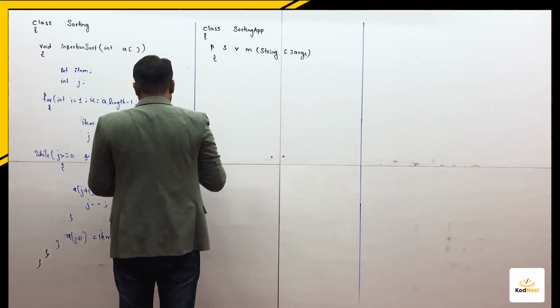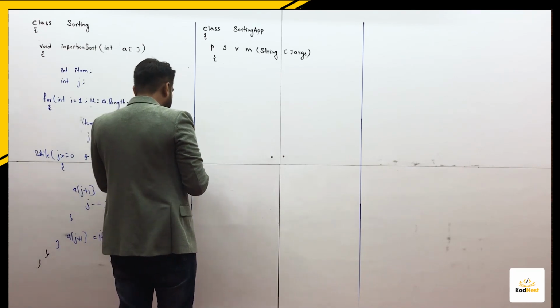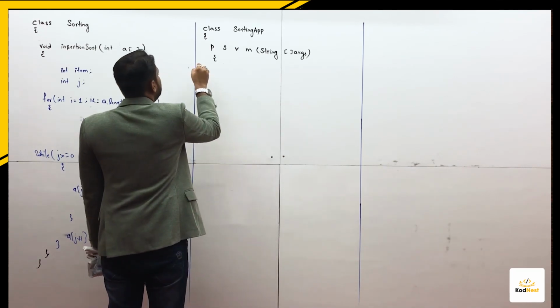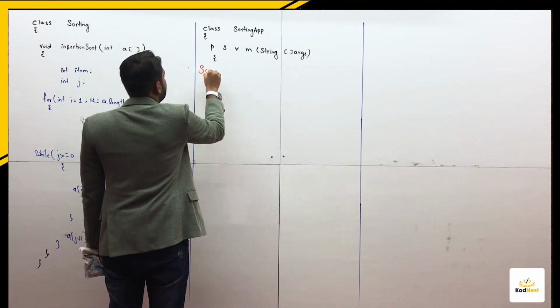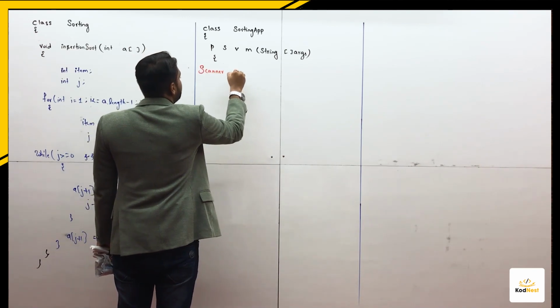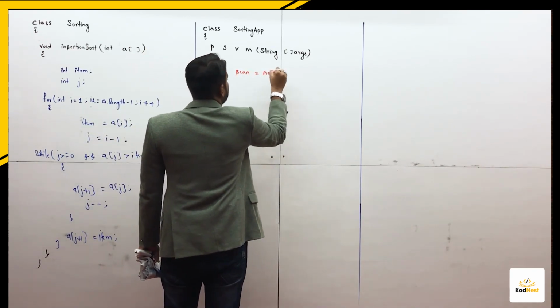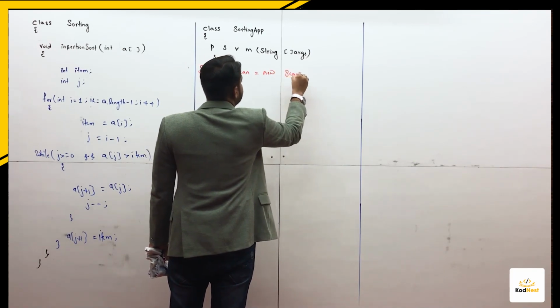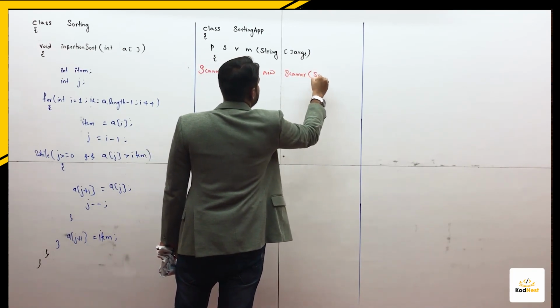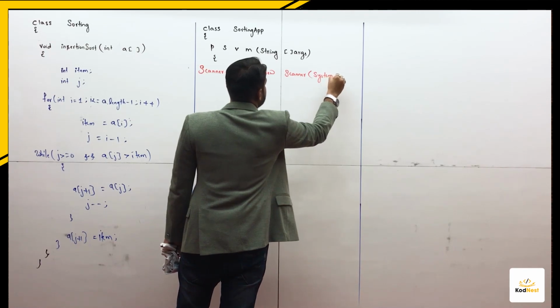Inside the main method, because I have to take the input from the keyboard, Scanner scan equals new Scanner of System.in.